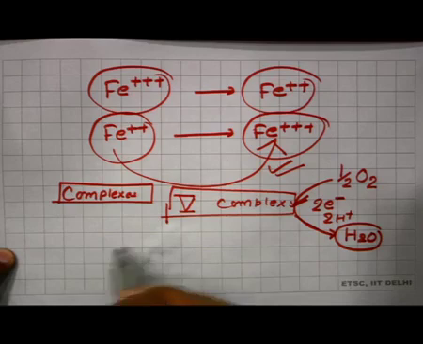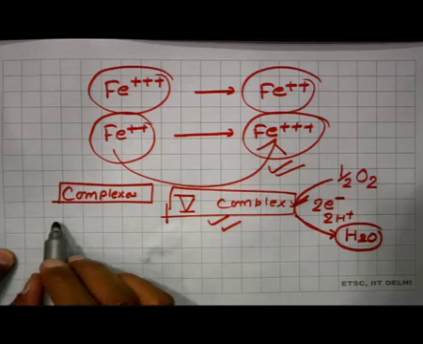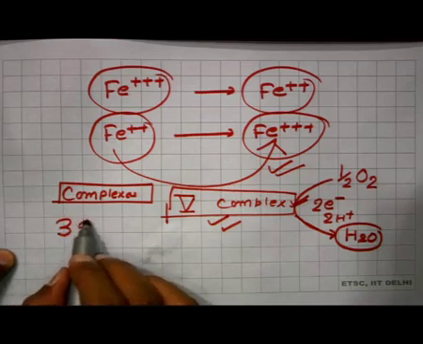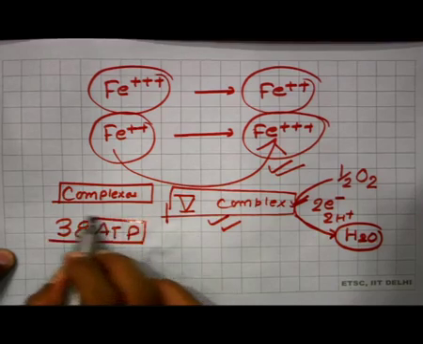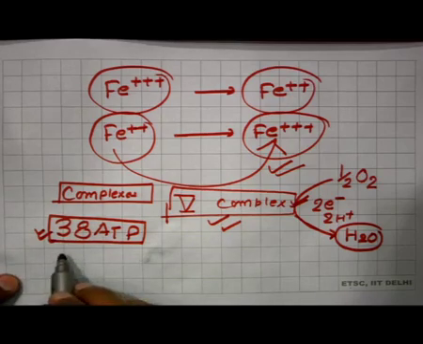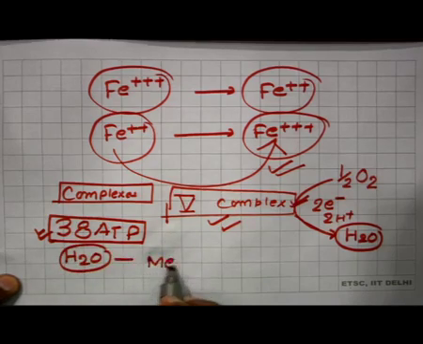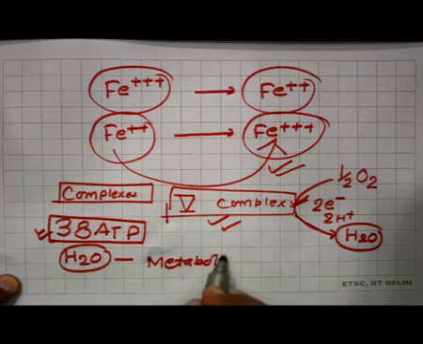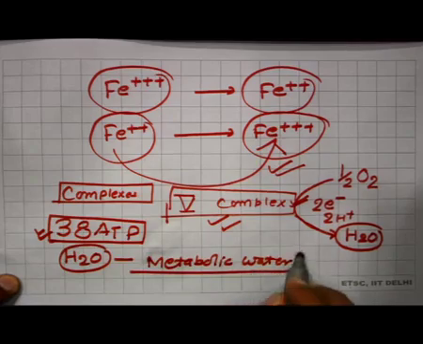So, we can finally say that the total number of ATP formed at the end of cellular respiration is 38 ATP. That 38 ATP is formed at different places, and metabolic water is formed.